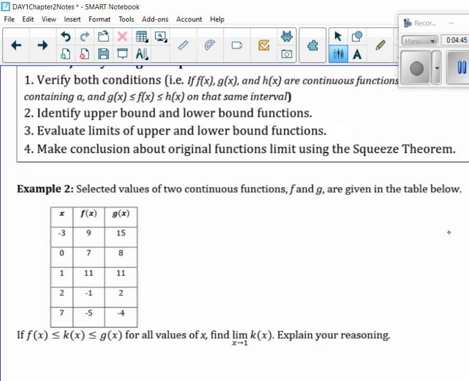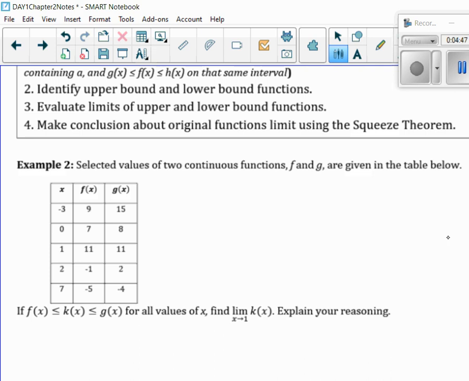Sometimes, like on Khan Academy, I'm pretty sure they do a lot of tables. The way they trick you, and I don't know about Khan Academy, but I know the way the AP board will do it, is on a multiple choice, one of the choices will say you can't determine it because there's not enough information. And sometimes that's true.